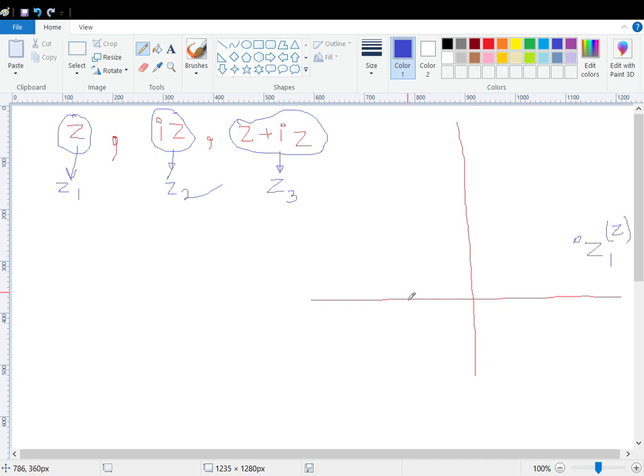Now the second question is how to plot z2, which is iz. So how do we proceed? Suppose I'm using the Euler form. If this is z, let's say r(cos theta plus i sin theta).